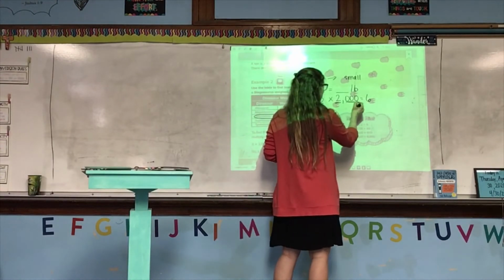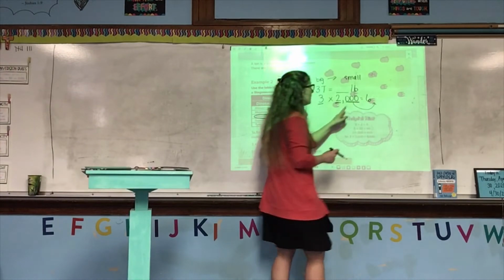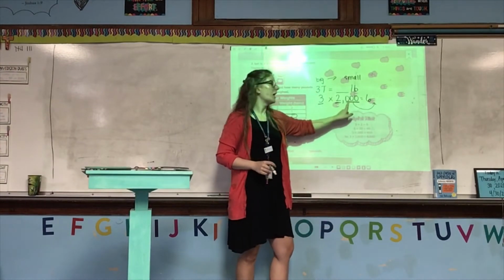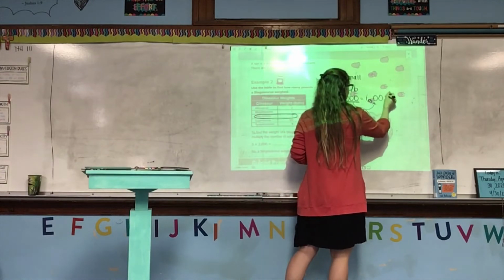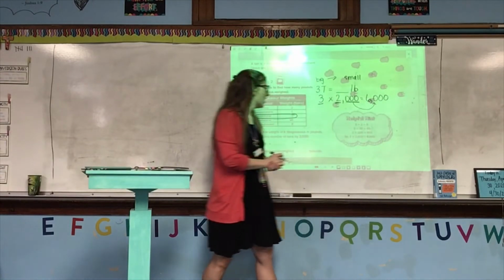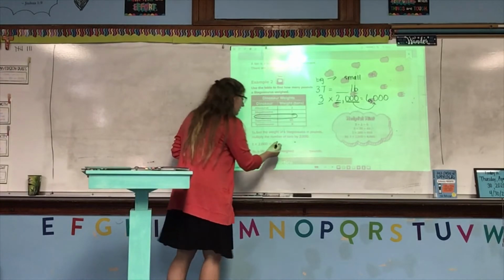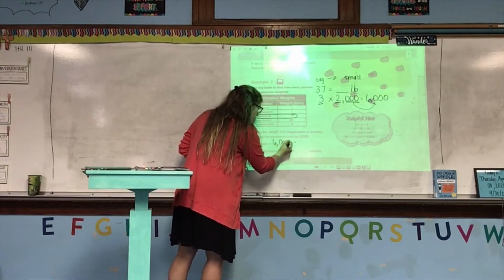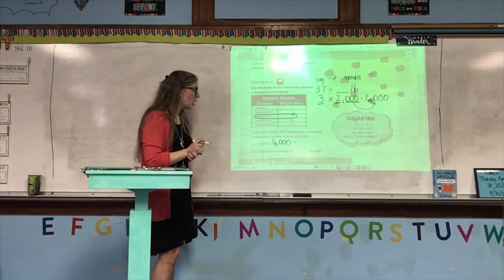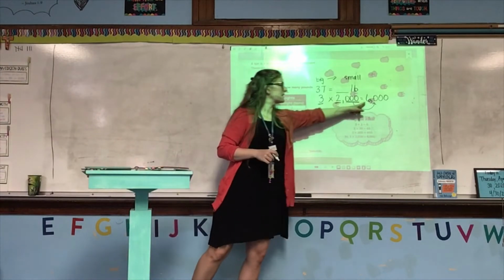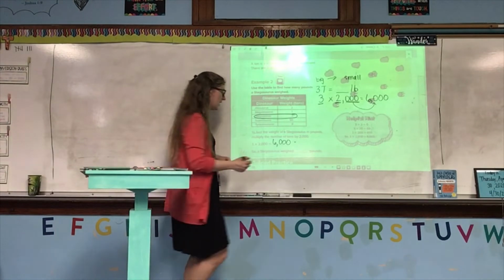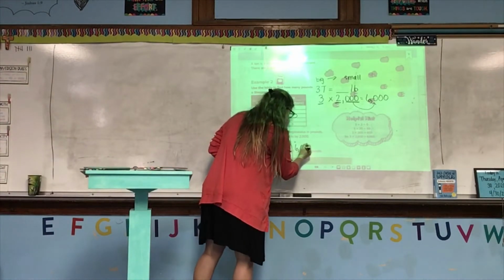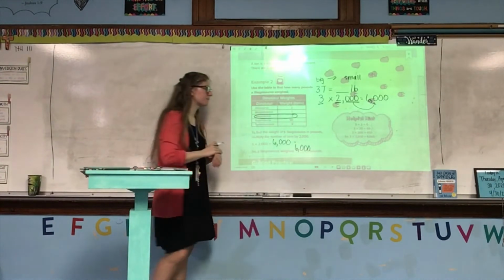And let's move it to the end of our product. 1, 2, 3. So that means 3 times 2,000 is 6,000, which means that 3 tons is the same as 6,000 pounds. So a Stegosaurus weighed 6,000 pounds.